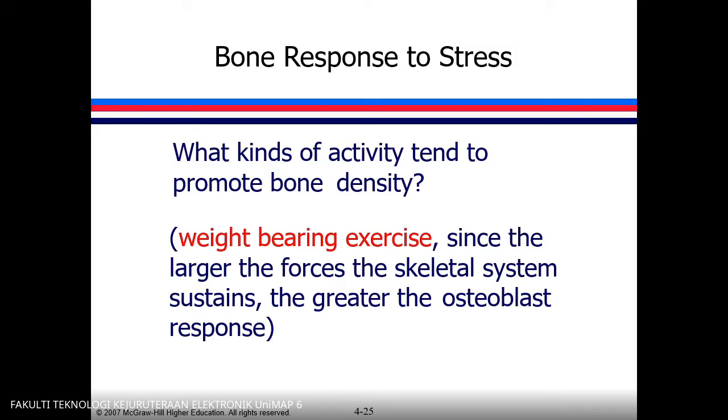So what is the activity that can be used to promote bone density? One is weight bearing exercise. Since the larger the forces the skeleton system sustain, the greater the osteoblast respond. So one is weight bearing exercise, ya. That is how to promote bone density. Ingat weight bearing exercise. Kita buat exercise lah kiranya.